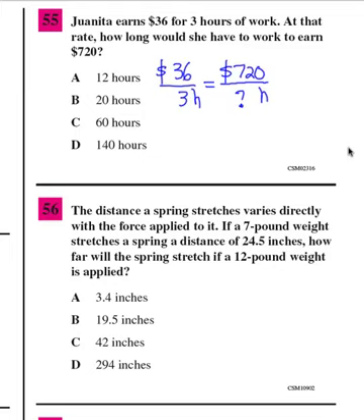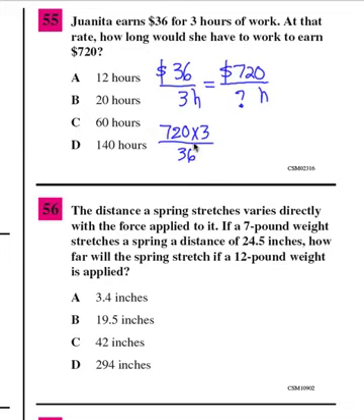This is a proportion problem. 36 in 3 hours, 720 in how many hours? So we have to do 720 times 3 divided by 36. We can simplify here.